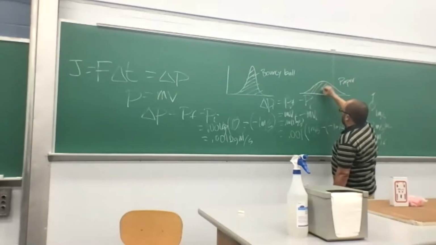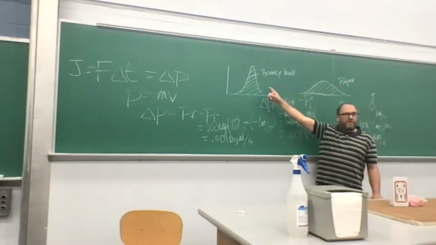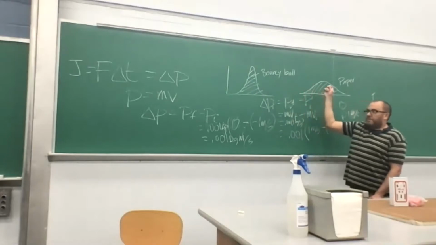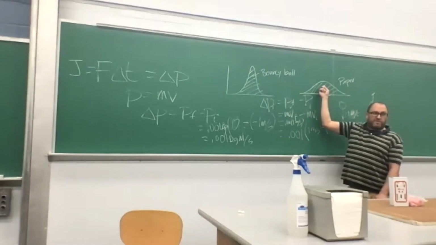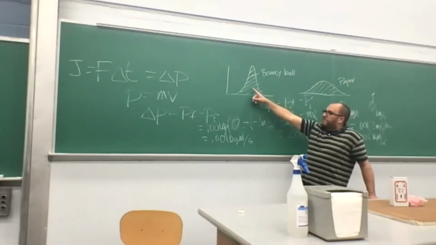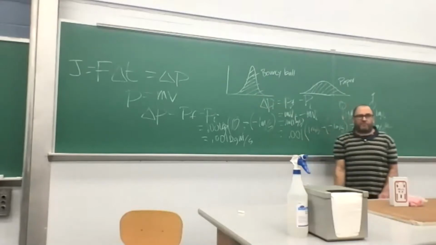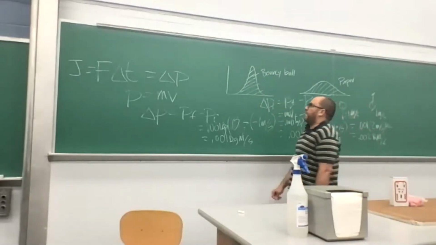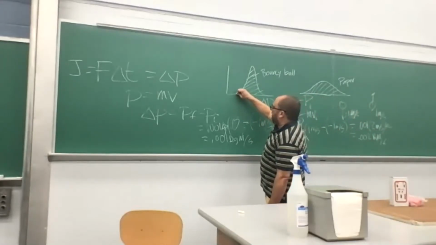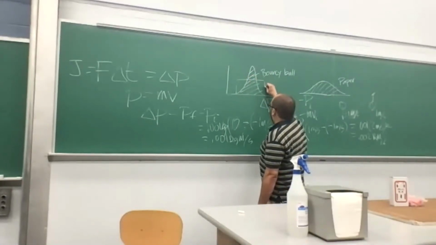okay? Then the area under here is going to be less than the area under here, and my average force will also be smaller. Okay? So the area under here is smaller, and hopefully my average force is smaller too. How do I find the average force? I basically start right here and I make a line across there.